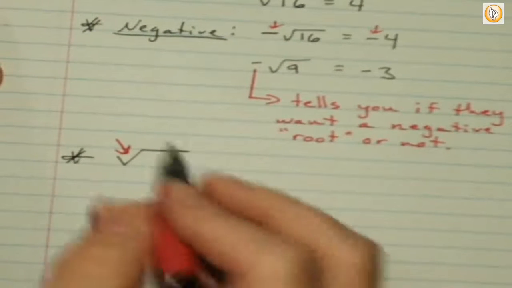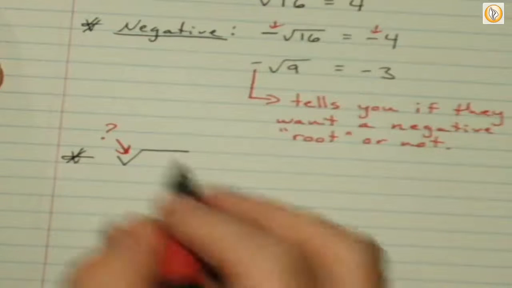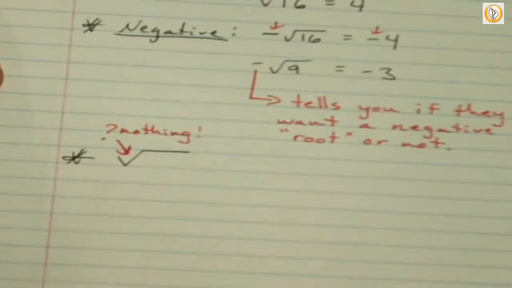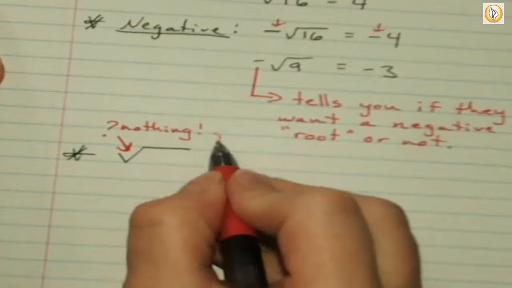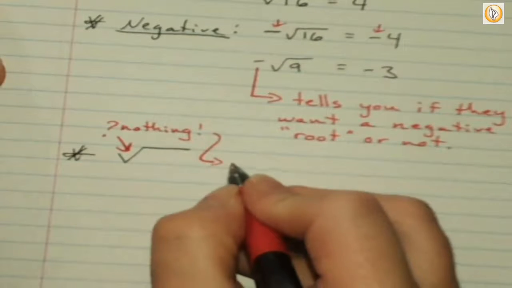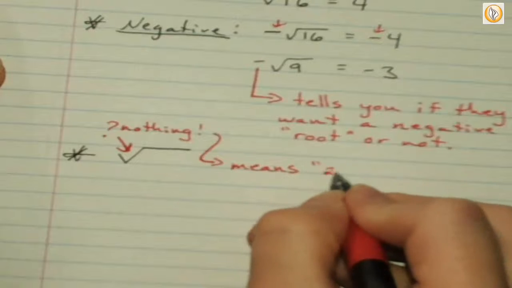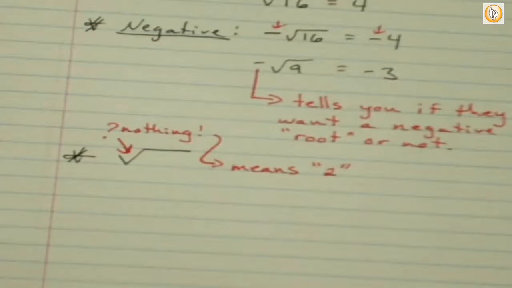No. Does anyone see any number or anything? I'm going to write nothing, and I'll draw another arrow. It means 2, kind of like the understood 1 or the understood this, that, and the other. You know what I'm saying?